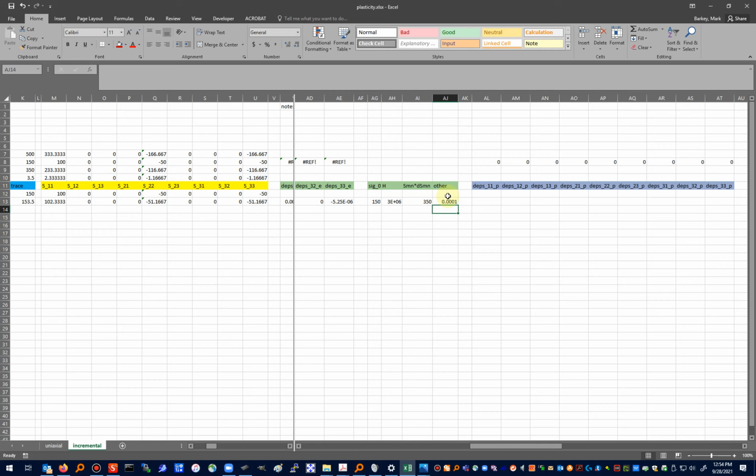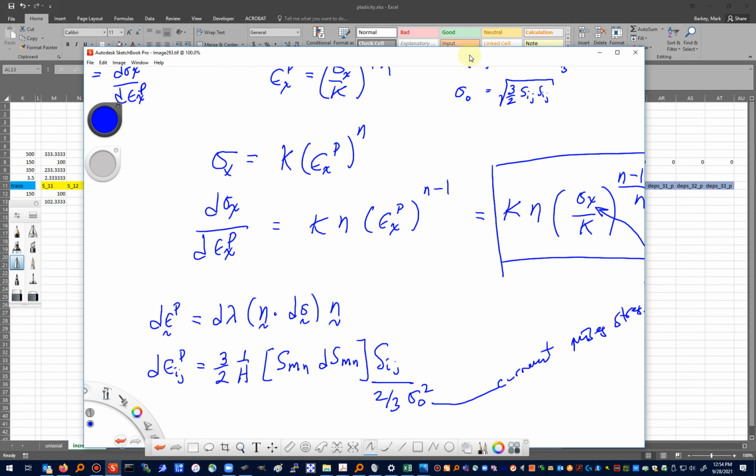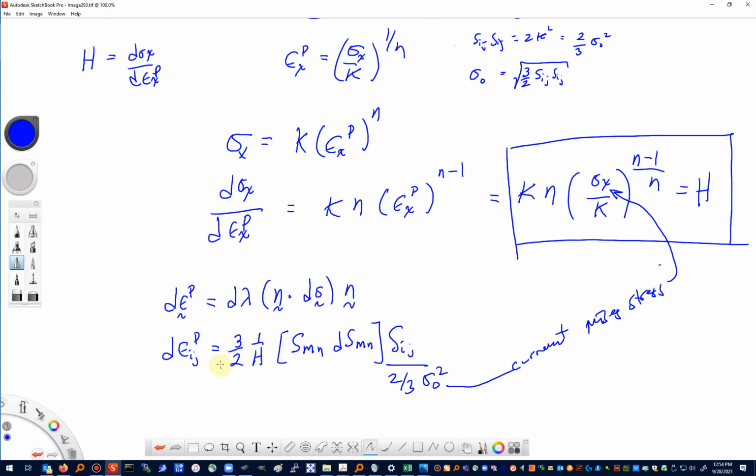So the only thing left to calculate the plastic strains is the d epsilon 11 would be S11. Alright, so let me show this over here. So d epsilon 11 plastic would be 3/2 1 over H S_mn dS_mn divided by 2/3 sigma naught squared, and then I have the S11 term that would go here.